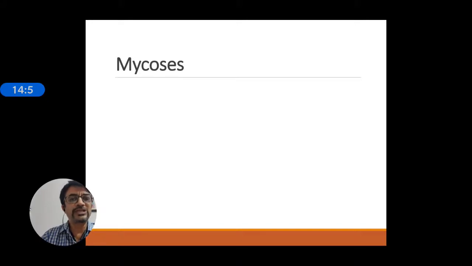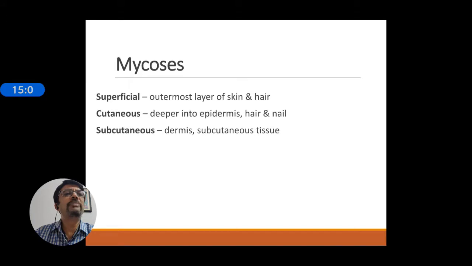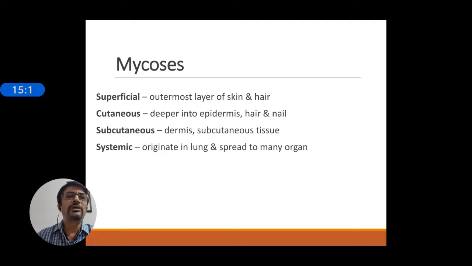Now the last part of our session, that is mycoses, or fungal disease. Now you know that we have classified mycoses based on the site which is involved. So superficial is the outermost layer of the skin and the hair. Cutaneous: many times in some books superficial and cutaneous are merged.